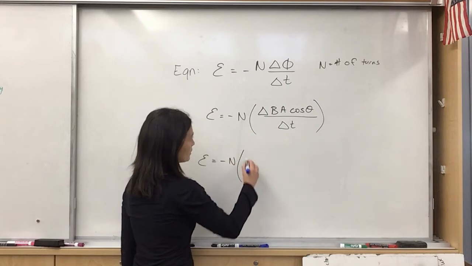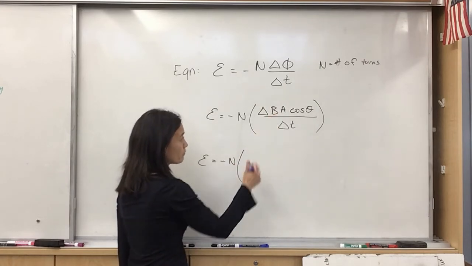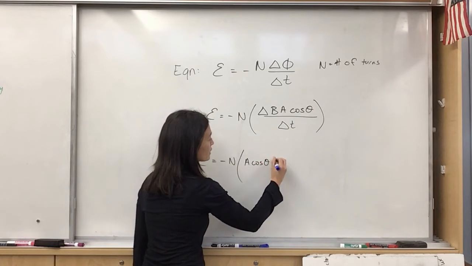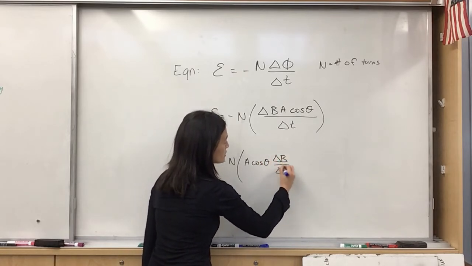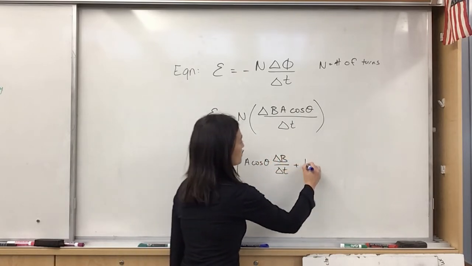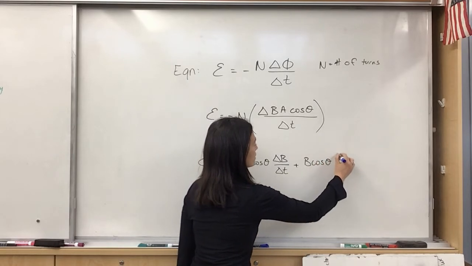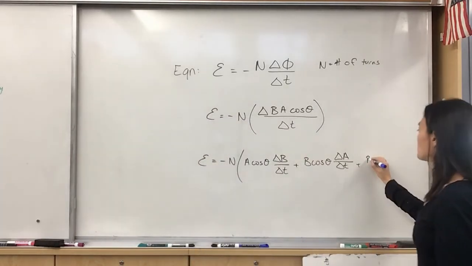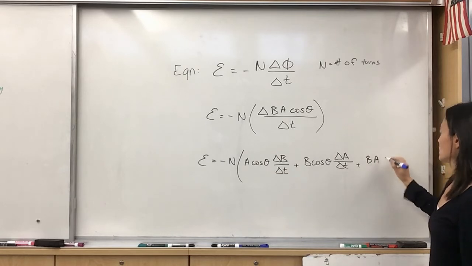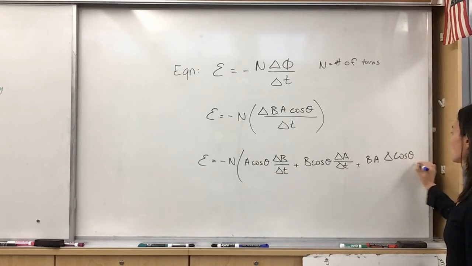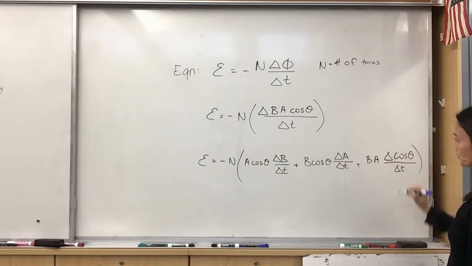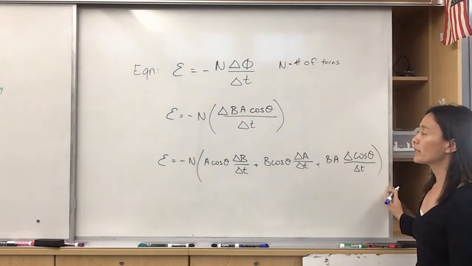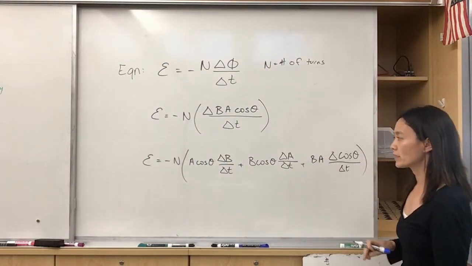If my magnetic field's changing, this would be A cosine theta delta B over delta t, plus B cosine theta delta A over delta t, plus B A delta cosine theta over delta t. Okay, so this is just the product rule applied to my equation for magnetic flux.